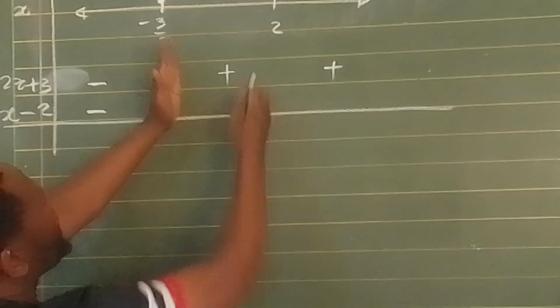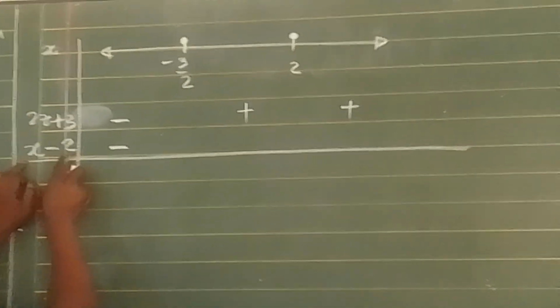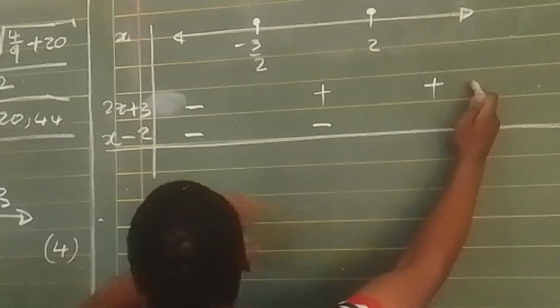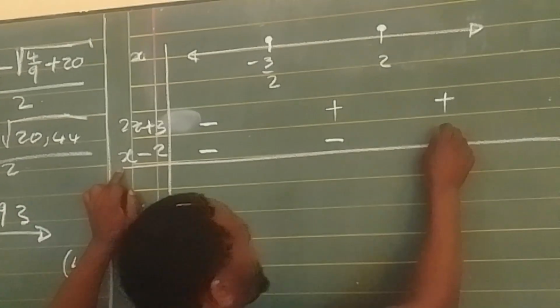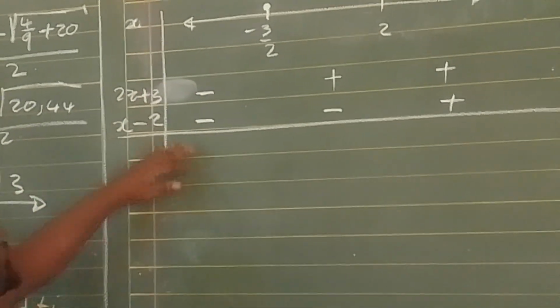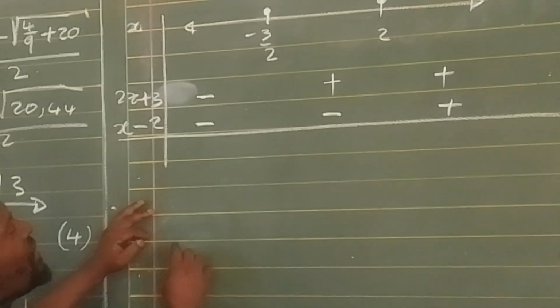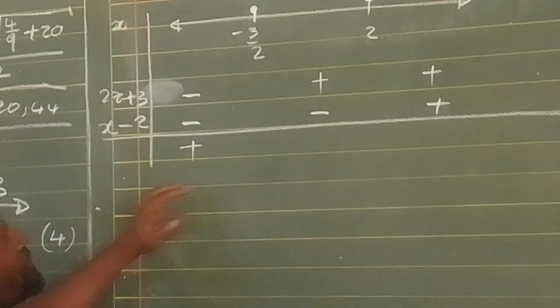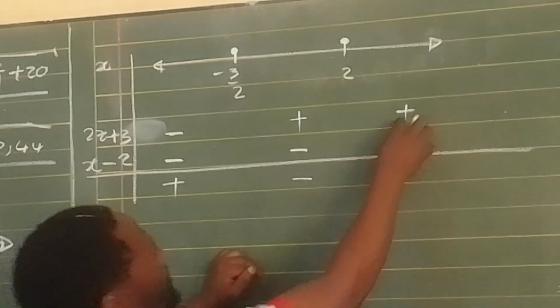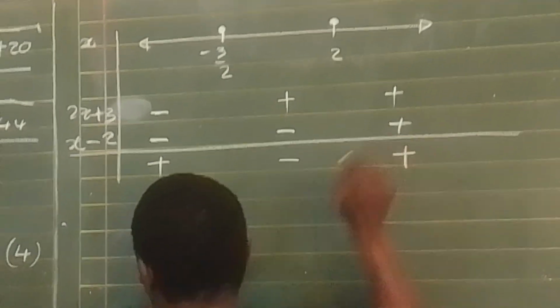You come here, you take a 0. A 0 minus 2 is negative. You come here, you take a 3. A 3 minus 2, you get a positive. Now, the product of this: a negative times negative is positive. A positive times negative is negative. A positive times positive is positive.